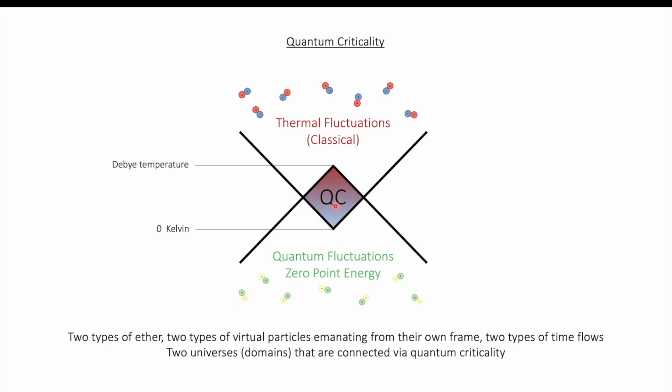And because reality behaves significantly differently at low temperatures, meaning when a system is influenced by quantum fluctuations and the classical, thermal fluctuations have only a very small influence, I conclude that we are living in two universes at the same time.